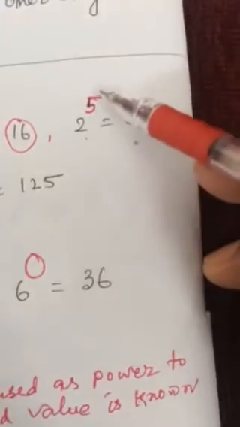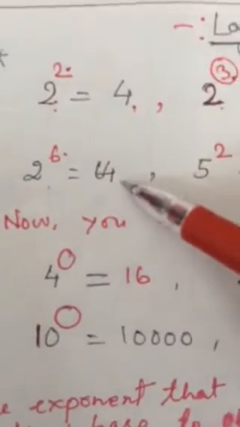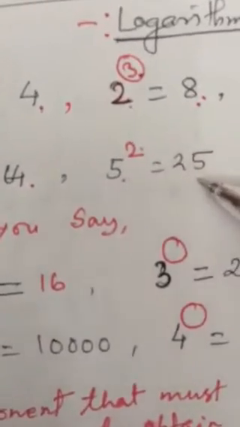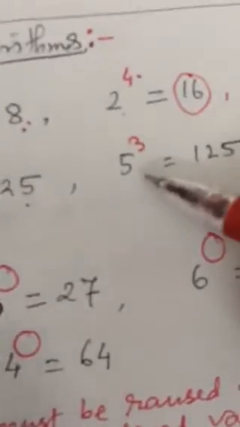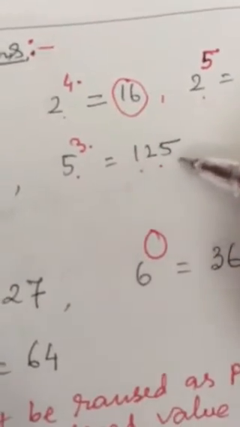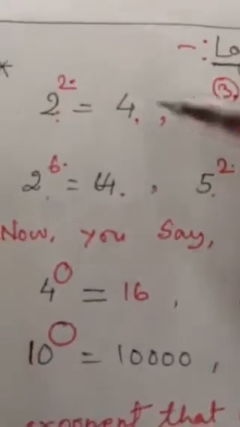When 2 is raised to the power 5, the value comes 32. Similarly, when 2 is raised to the power 6, the value comes 64. When 5 is raised to the power 2, the value comes 25. When 5 is raised to the power 3, the value comes 125. Got my point?